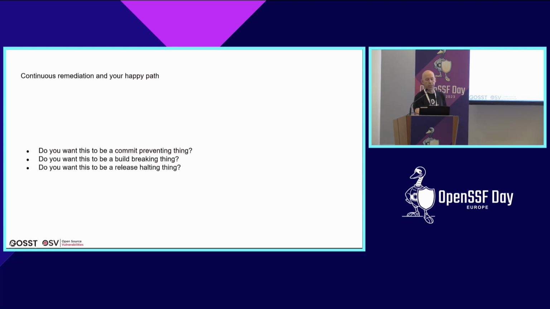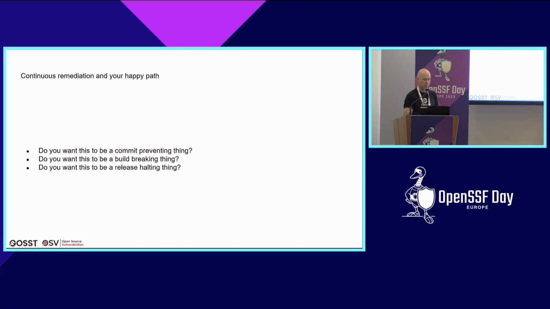Do you want this to be a release halting thing? Each one has trade-offs to consider around timing, the relevance of what actions surface the vulnerability, and who is impacted by the discovery of it. There's not necessarily one right answer or a one-size-fits-all solution here. And fortunately, there's the flexibility to accommodate any or all of the above.